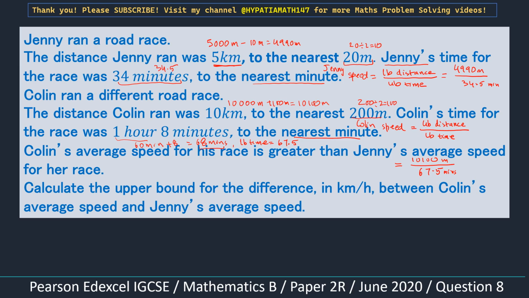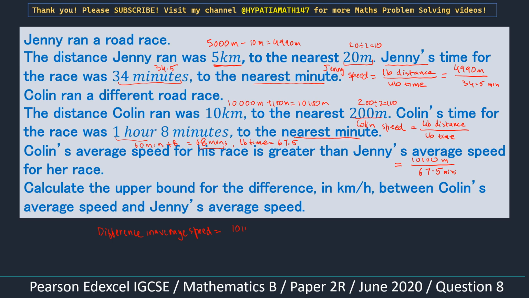We can say the difference in average speed, as the question is asking, would equal, so I have to subtract the higher speed, which is Colin.